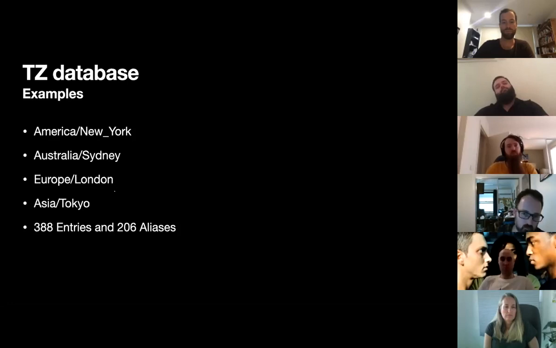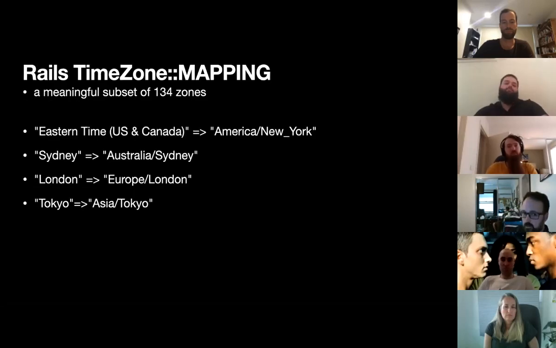So Rails gives us its own mapping to a meaningful subset of 134 zones, as it says in the documentation. So here we can simply say Sydney or London or Eastern Time (US and Canada), and that will give us a key into the time zone database.